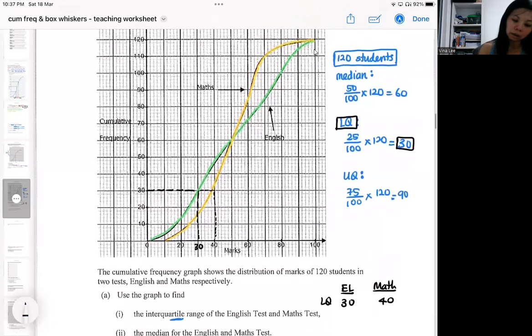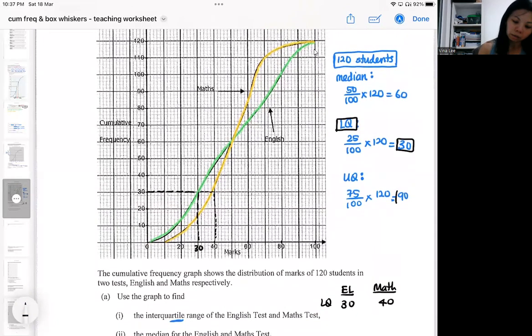Then I'll be using 90 to find the upper quartile. So 90 is here, and you just have to read directly across. In fact, you can read off two values at the same time, so just make sure you identify them correctly.